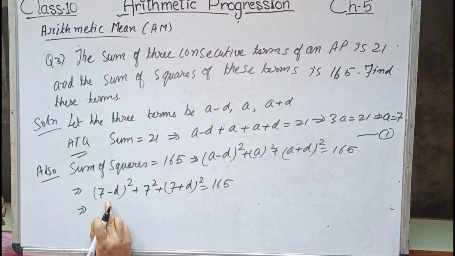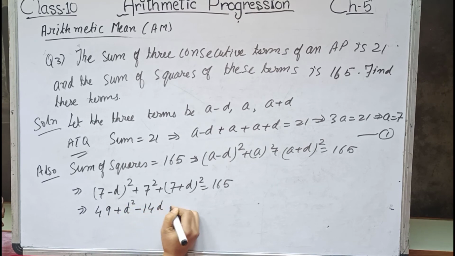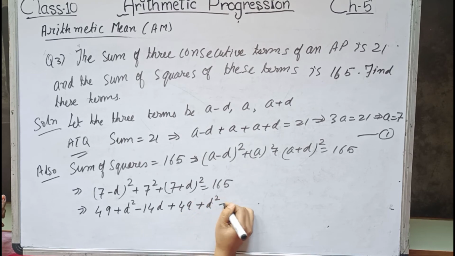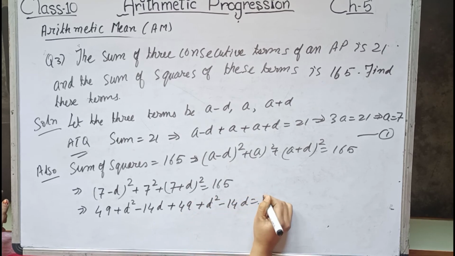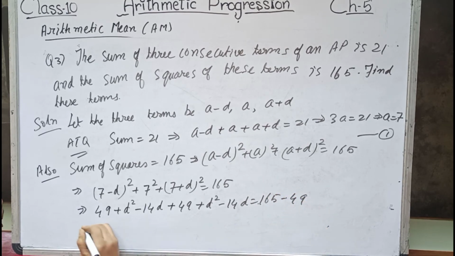Now this implies (7 minus d) square will be 49 plus d square minus 14d plus 49 plus 49 plus d square plus 14d equals 165 minus 49.